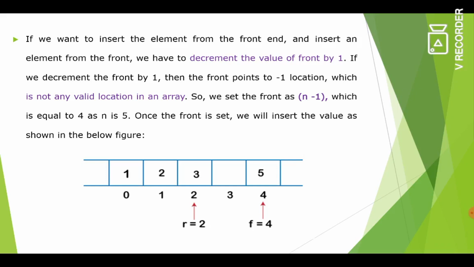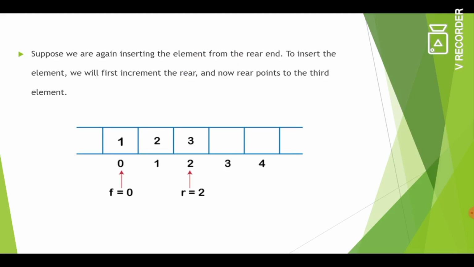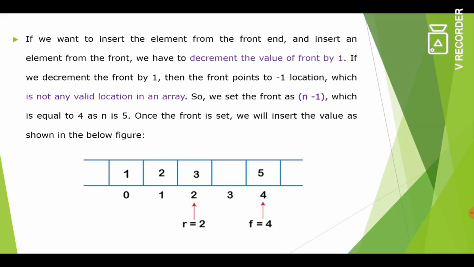So here the front value is 0. If you decrement the front value by 1, now we get -1. We know that it is not a valid index.